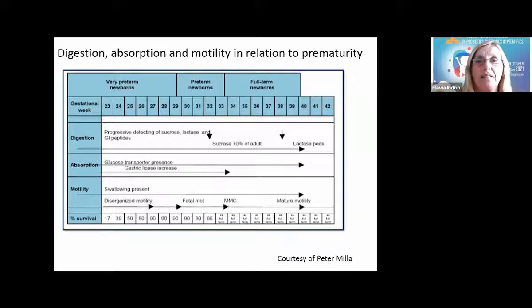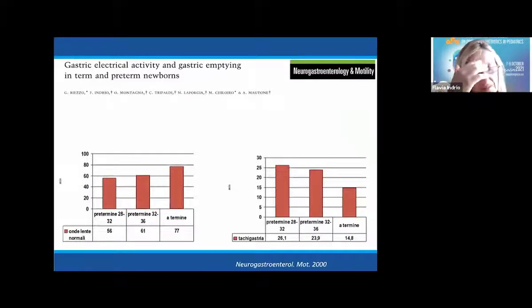Well, after the study of Peter Miller, and of course after the study of Caroline Berset, we also did our study. It was a long time ago, more than 20 years ago, and we agreed about the pattern of motility starting from 28 to 32 weeks of gestation and reaching complete maturation when the baby was at term.